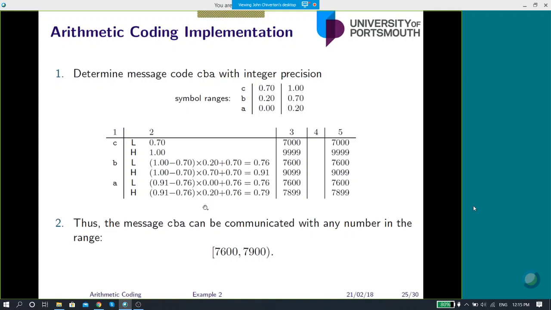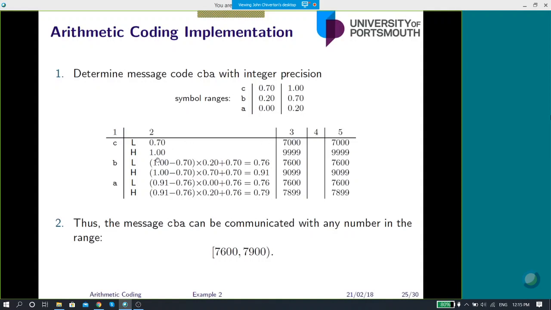But what's actually happening here is those values are getting mapped to a range of integer values. So 0.70 is being mapped to 7,000, and then 1 is being mapped to 9,999, or 10,000 is the upper limit on that.